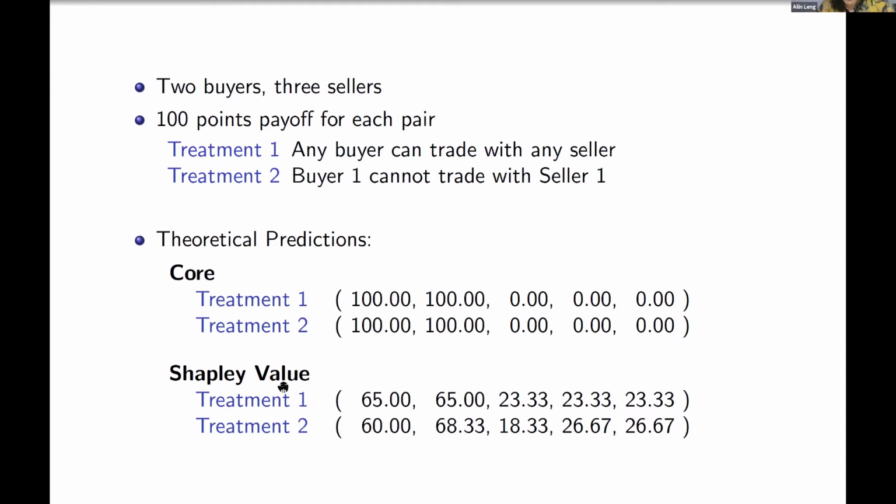But for the Shapley value, the two buyers get about 2/3 and the three sellers share the remaining 1/3. Also, for the two players with trading barriers, their payoffs decrease slightly, and for the other three players, their payoffs increase slightly.